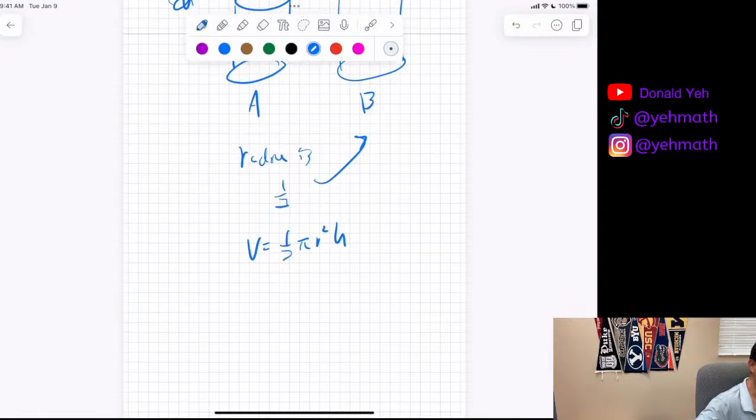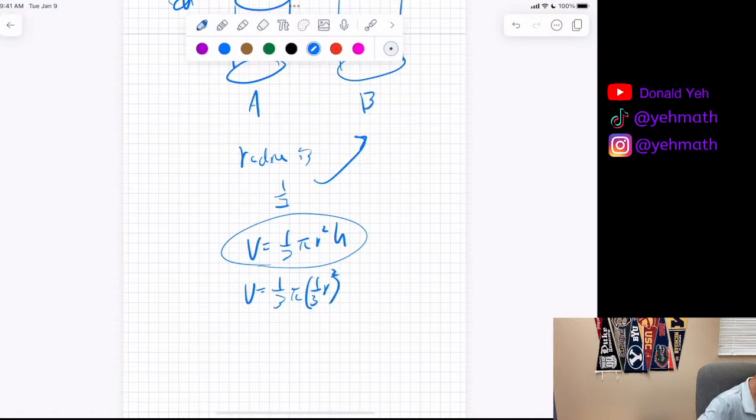H is the same, but the radius is 1/3 here. So B is normal, but for A it's 1/3 pi times (1/3 r) squared times h. 1/3 times 1/3 is 1/9, so that's exactly 9 times bigger. Compare one to the other, because you plug in r as 1/3. If you plug in h as 1/3, it's going to be 3 times bigger.